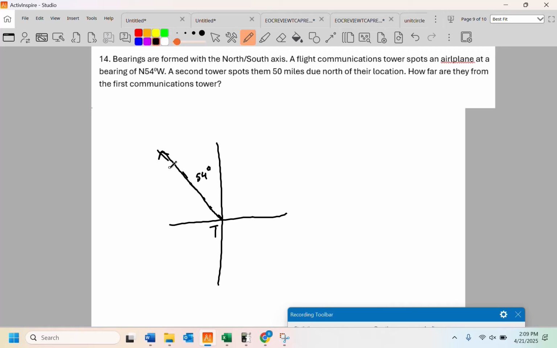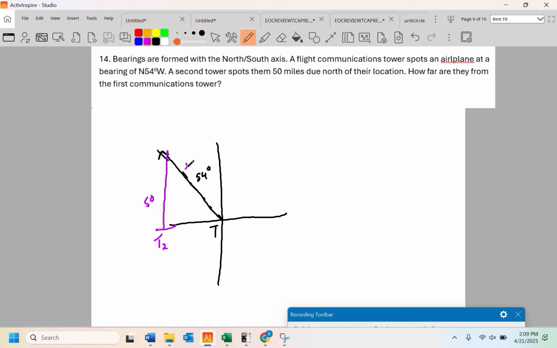That's 54 degrees west. And there's an airplane. A second tower has spotted this plane 50 miles due north of their location. So there's a second tower, Tower 2, and that airplane is 50 miles straight north. I want to know how far this airplane is from the first tower.